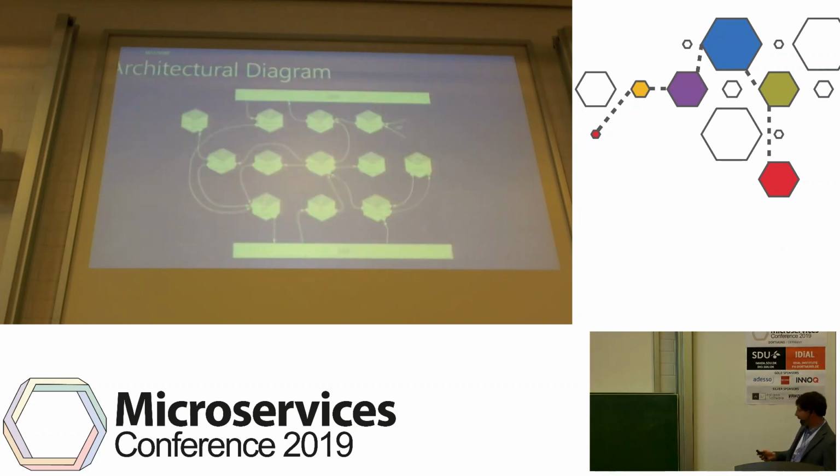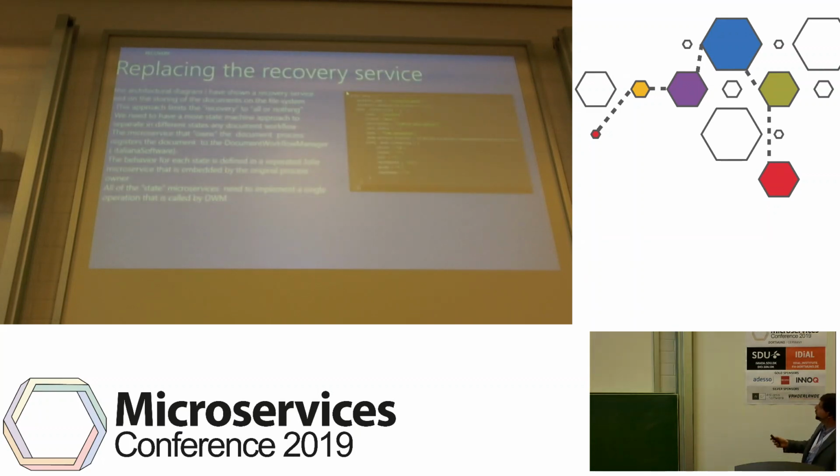Let me go back. This document workflow manager allows us to define, in this way, like a state machine. So you can define not a full workflow, but in which state the document is, and for each state you can implement a series of operations.